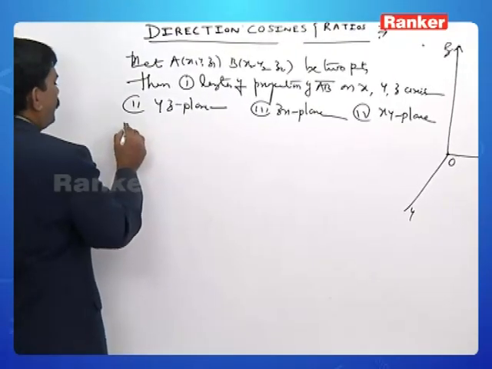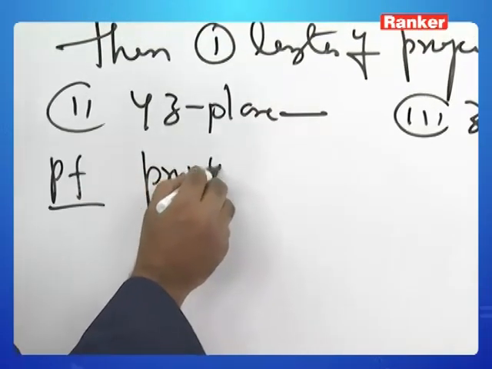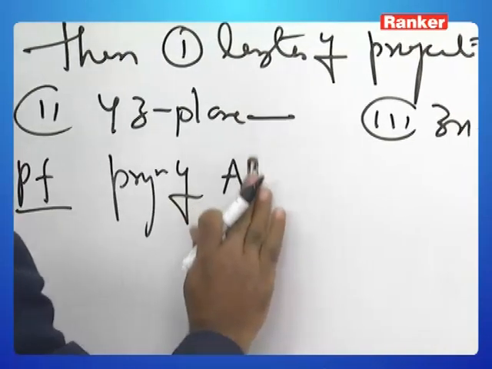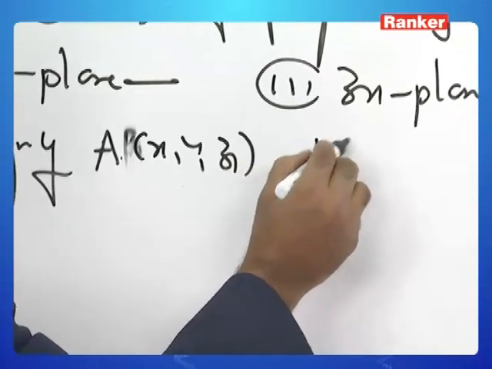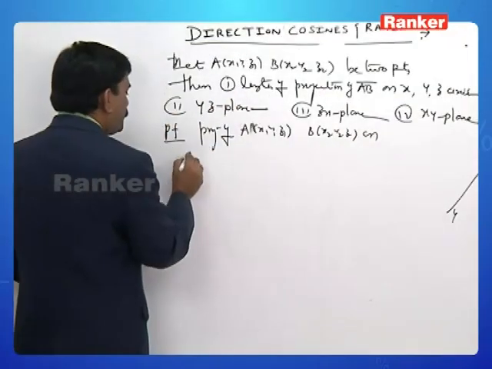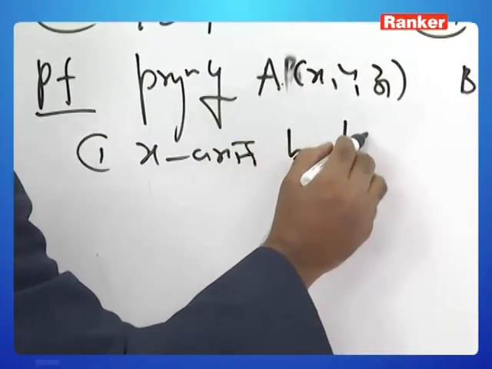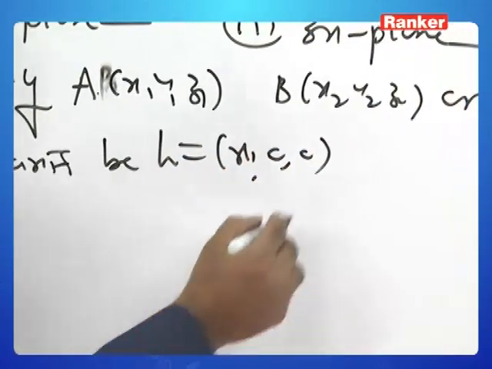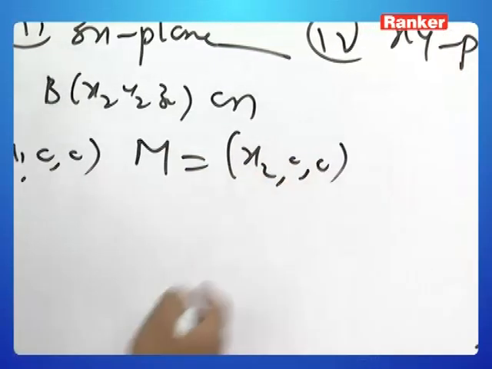Let us take the proof of this. The projection of A of x1, y1, z1 and B of x2, y2, z2 on the first one, the x-axis: L is equal to x1, 0, 0 and M is equal to x2, 0, 0.